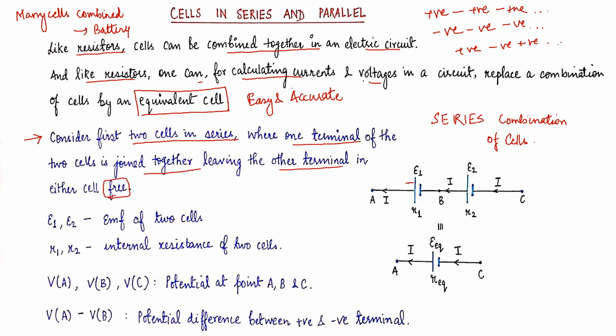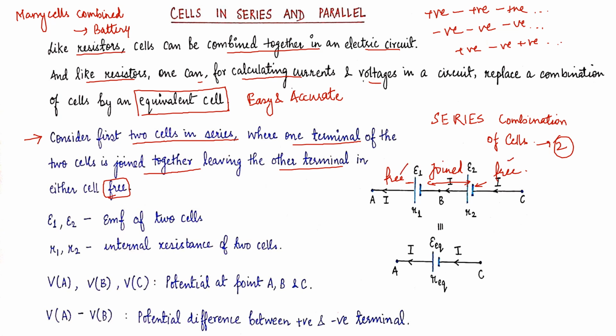See, this terminal is free and these two terminals are joined. Then this terminal over here is again free. So we are seeing the combination of two cells in which two terminals are joined and the other two are free.